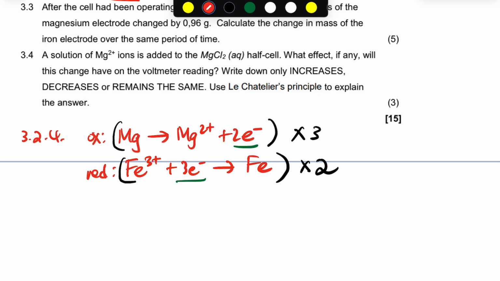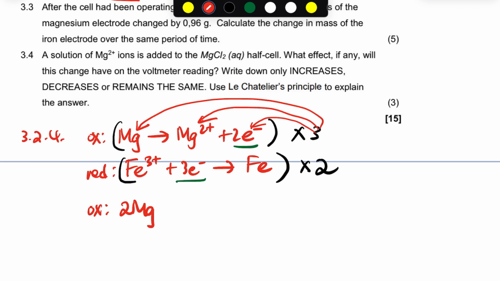So the new oxidation half reaction is going to be 3 magnesium, we times everything by this 3. We times this, we times this, we times that. So it's 3 Mg arrow 3 Mg2+, and 2 times 3 is going to be 6 electrons.